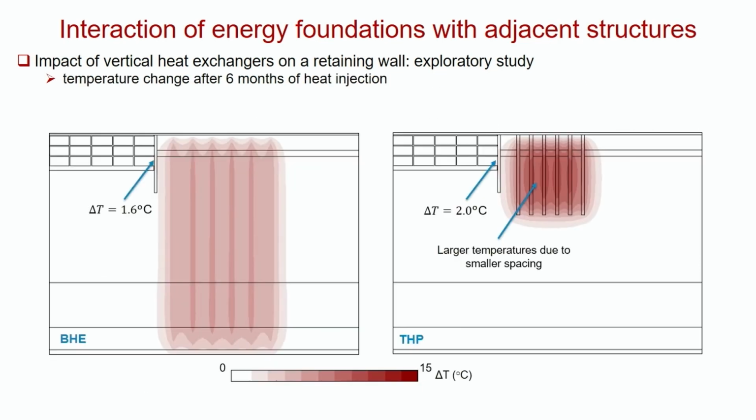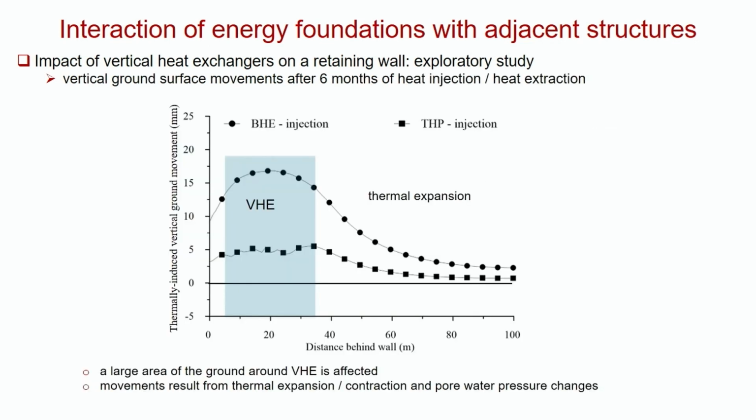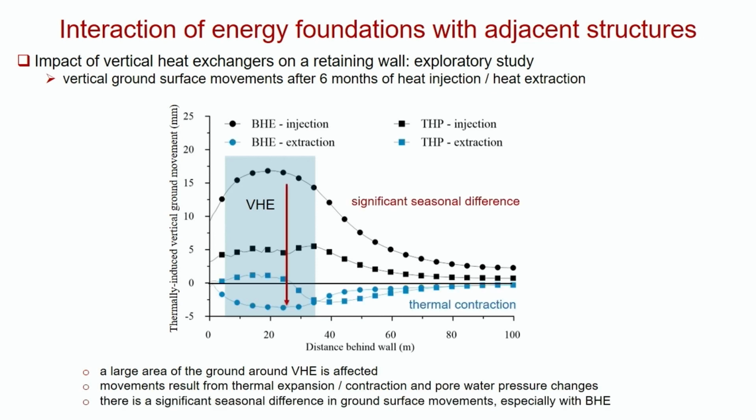If we look at the movements of the ground surface, which of course we'd be interested in for the two, if we're expanding, if we're thermally injecting into the soil, we cause quite large movements for the borehole case, less movements for the THP case, but still substantial movements of the ground, which could affect any building or services that are there. And then when we cool it, it comes down, so we get quite large cyclic variation in what's happening to the ground.